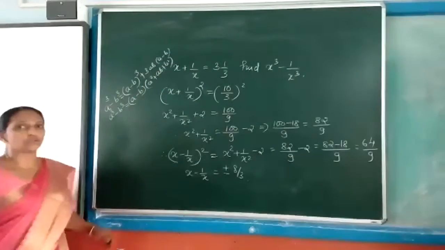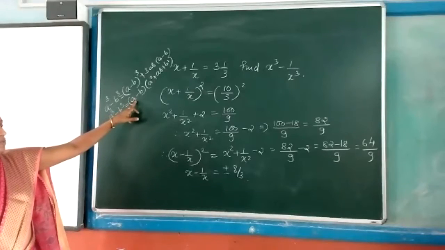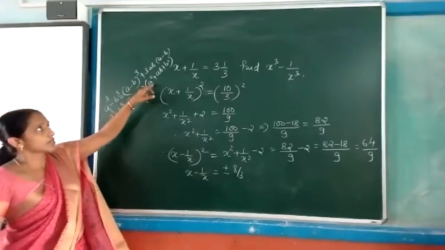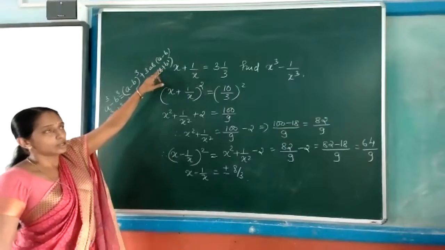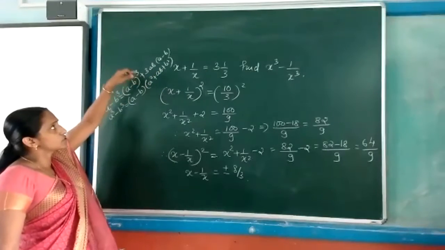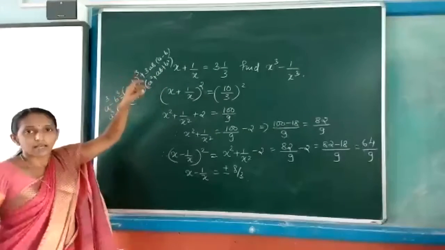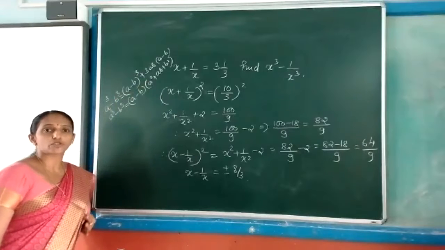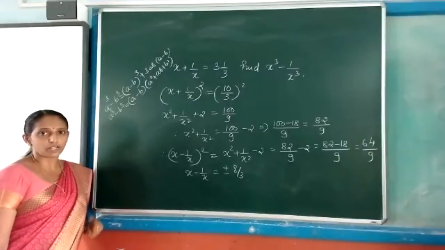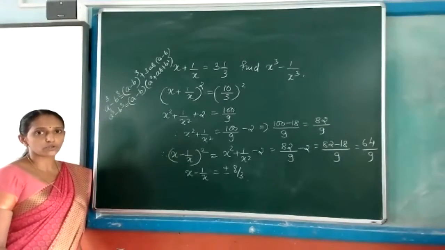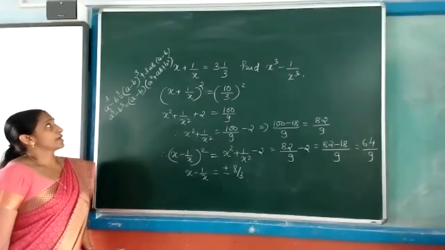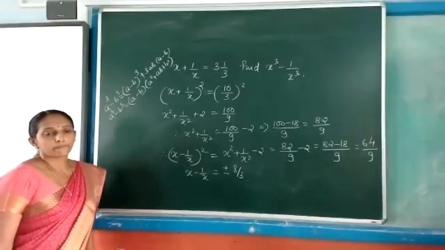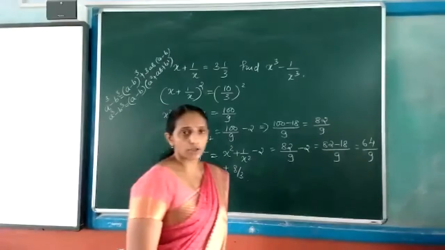You can substitute in either, because we have the x minus 1 by x value as well as the x square plus 1 by x square value. Calculate first x cube minus 1 by x cube. That is x minus 1 by x whole cube.